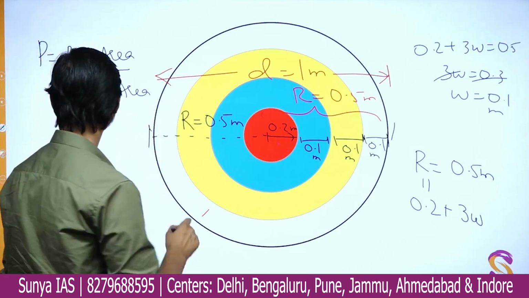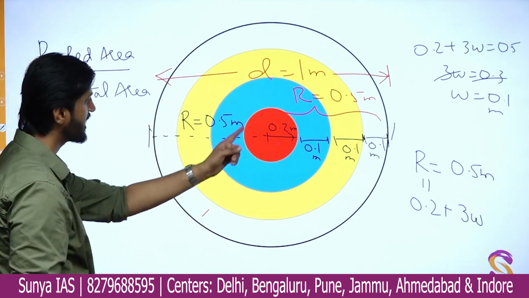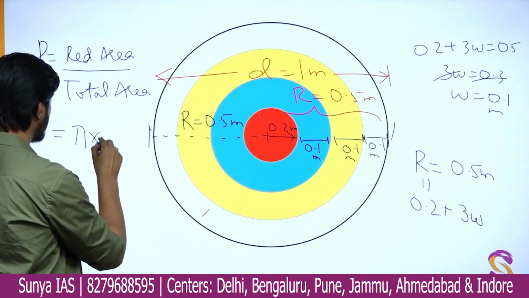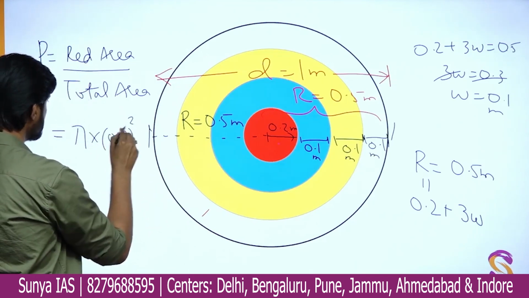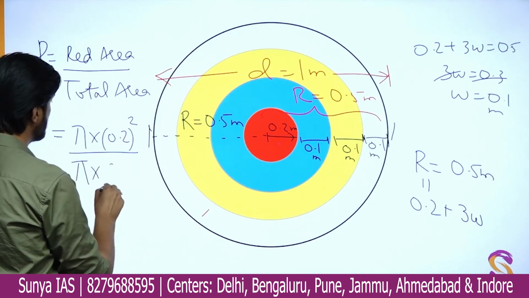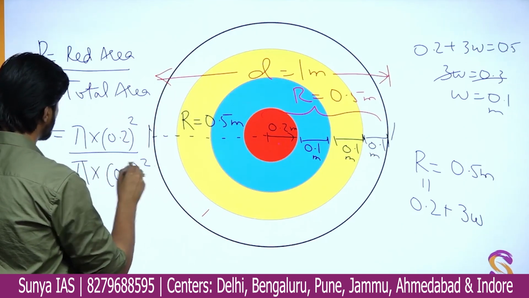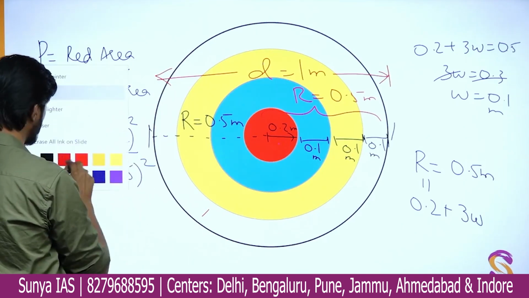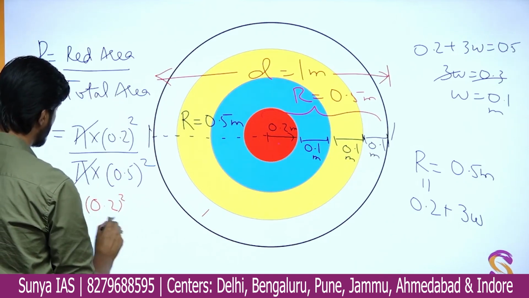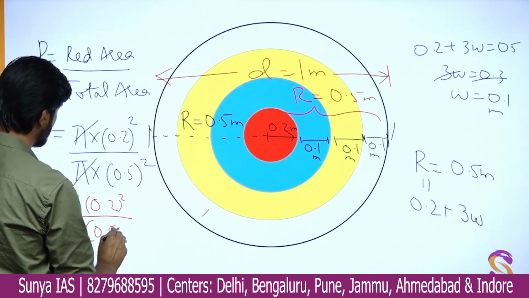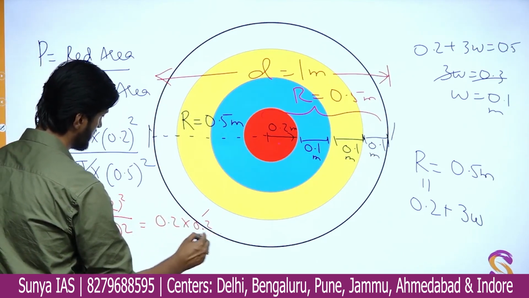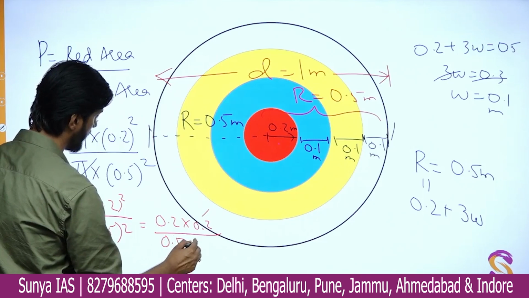So now you can just write down red area is nothing but pi r square, the area of a circle. What is r? It is 0.2 squared divided by total area, which is nothing but pi into 0.5 squared. Cancel out pi from both sides. Here you will get 0.2 square divided by 0.5 square. You can write it like this: 0.2 into 0.2 divided by 0.5 into 0.5.